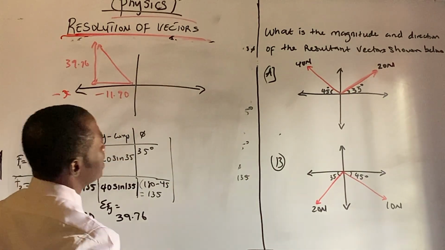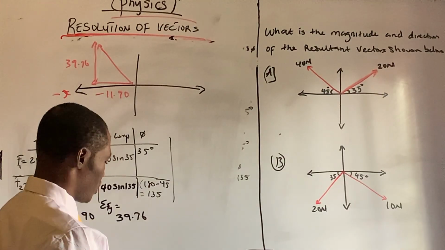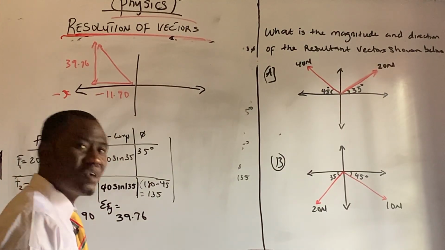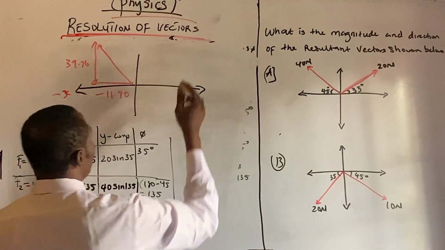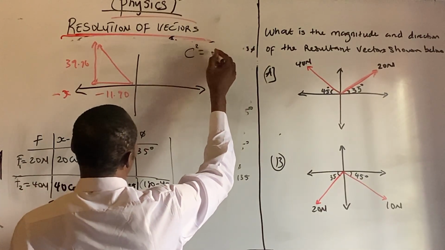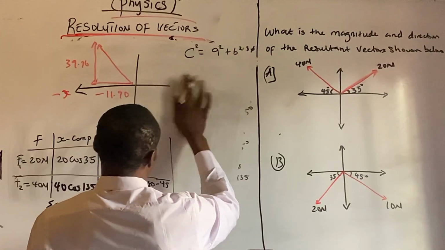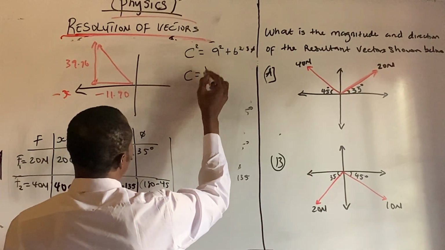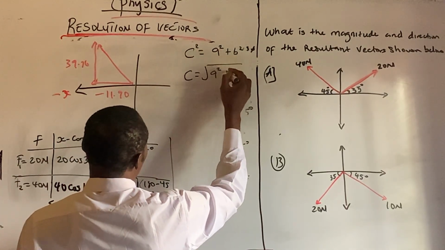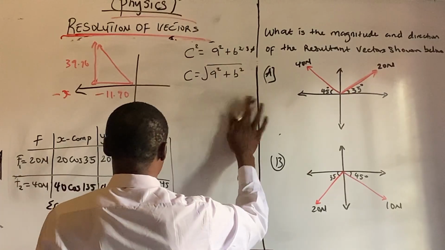So what is the resultant vector? Okay, what is the magnitude? That's the resultant vector. If you are conversant with trigonometry, you will know that c squared is equal to a squared plus b squared, so that c is equal to the square root of a squared plus b squared.